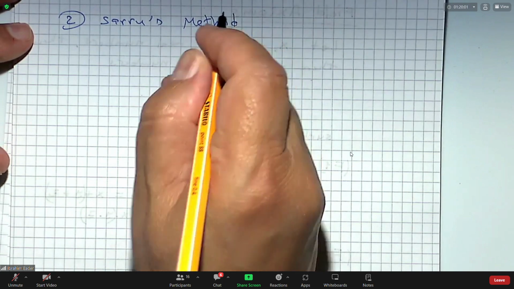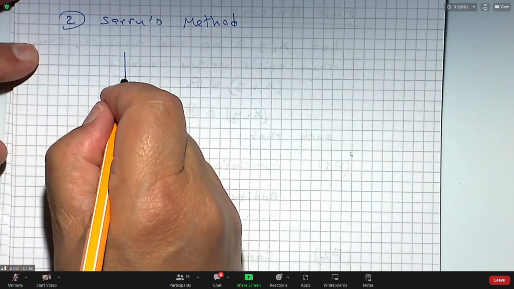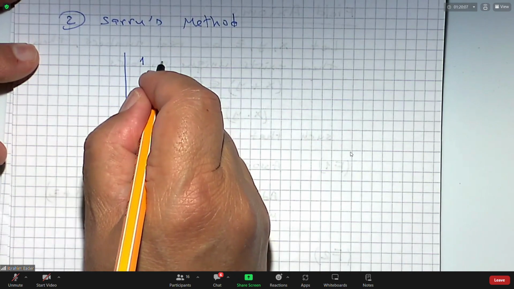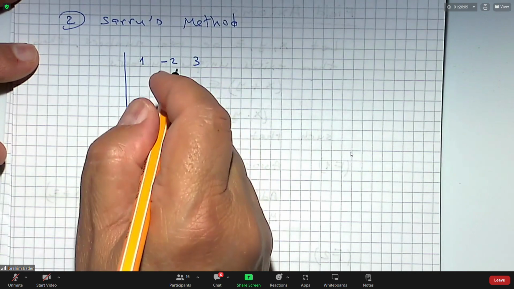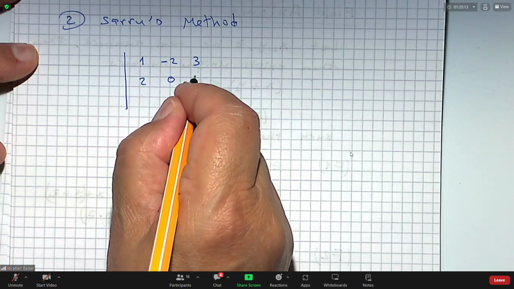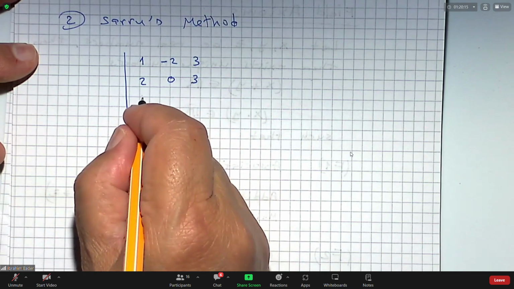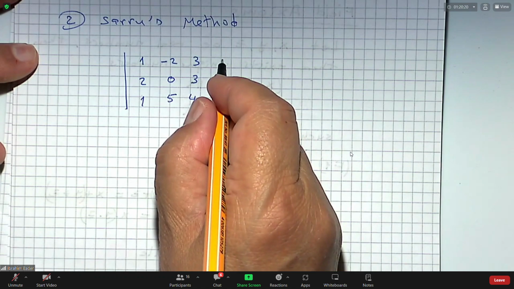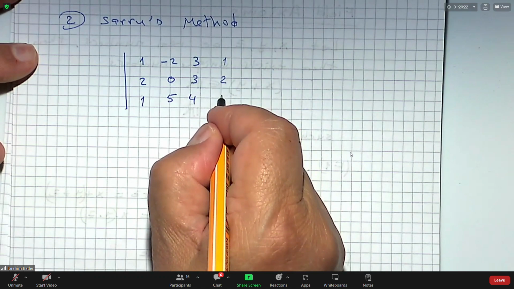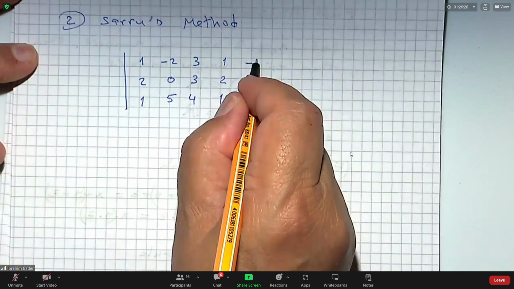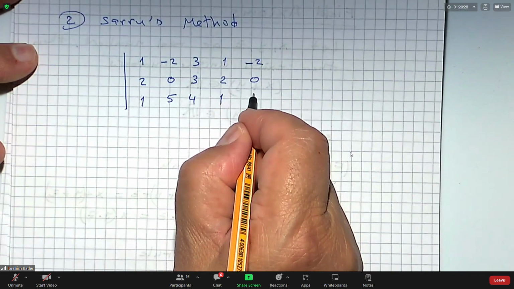It says simply, I will write here the determinant as always. So 1, -2, 3, 2, 0, 3, 1, 5, 4. And here I will be placing 1, 2, 1, -2, 0, and 5.